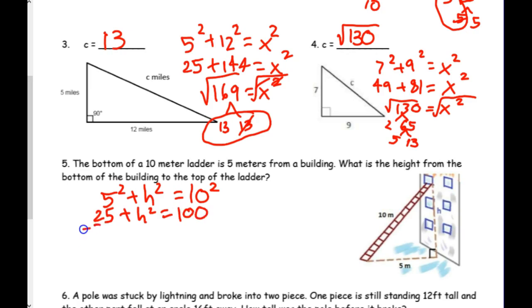And then we get rid of this 25, minus 25, minus 25. h squared equals 75. And again, last step is to square root 75. So we got 5 times 15. And then 5 times 3.